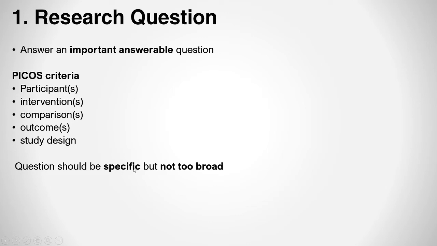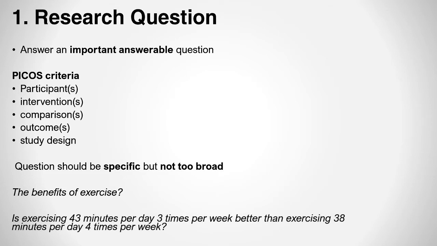Your research question shouldn't be too specific, but also shouldn't be too broad. So something like the benefits of exercise, a systematic review. As a title, that would be something far too broad, and alternatively something far too narrow, far too specific would be a question like that one.